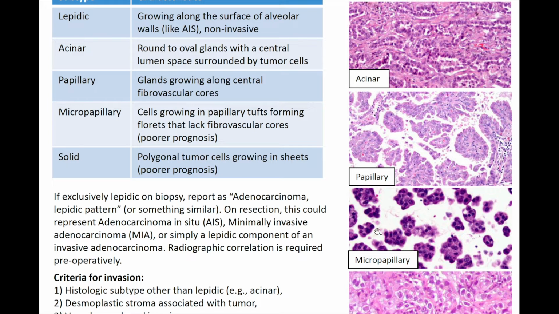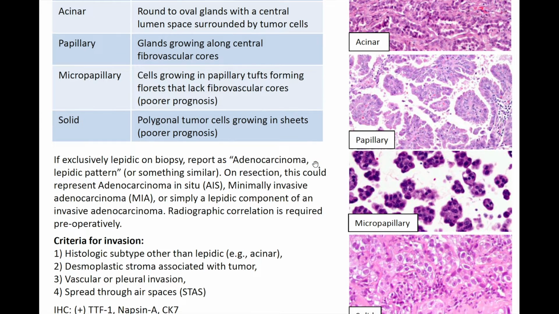And again, this isn't just in the lung. This occurs elsewhere throughout the body pathologically. You can also have a solid type of adenocarcinoma with polygonal tumor cells growing in sheets, which is what we see here. So if exclusively lipidic on biopsy, report as adenocarcinoma lipidic pattern or something similar.